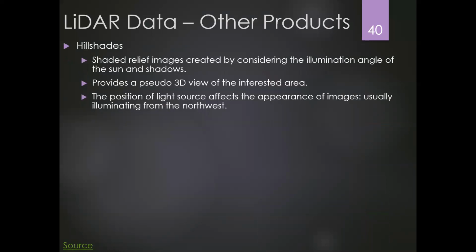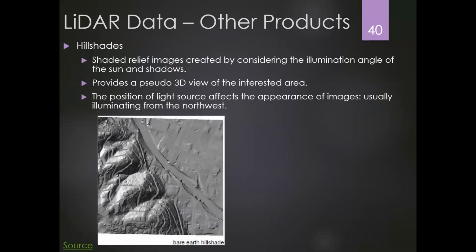So because LiDAR data provide elevation, we can produce hillshades like this, right? For example, here we can say that there are shadows and bright side, or bright side and dark side for a specific mountain, right?